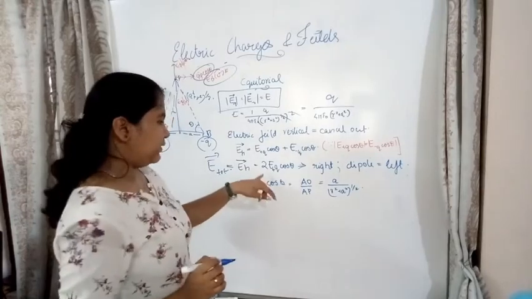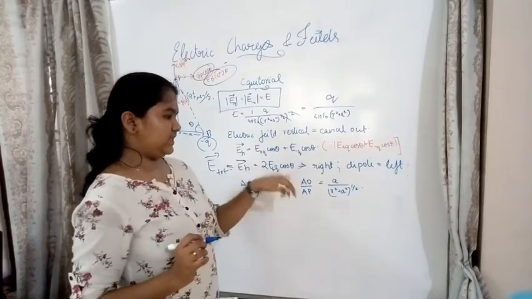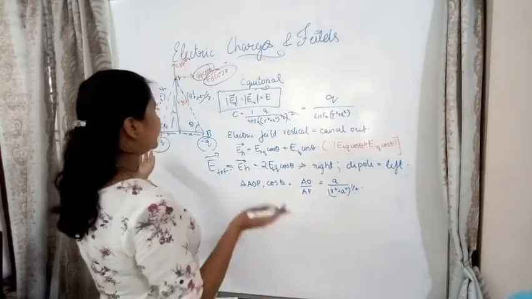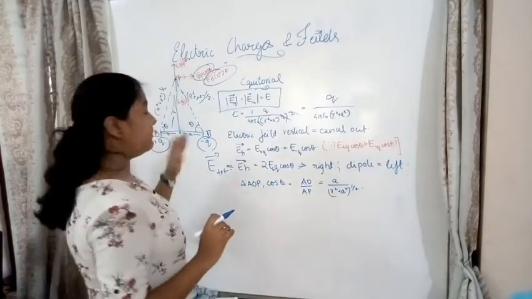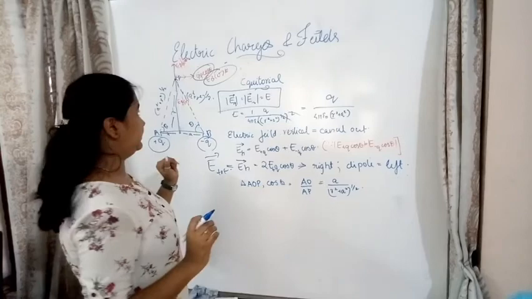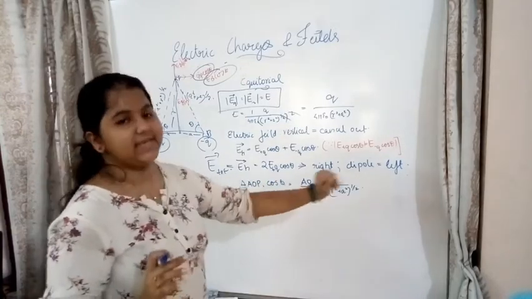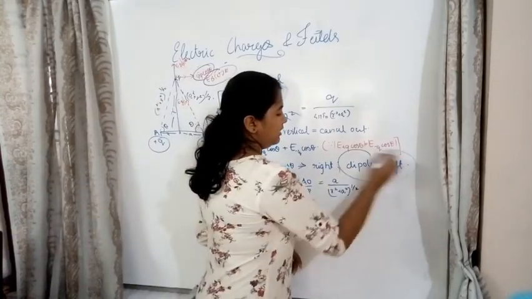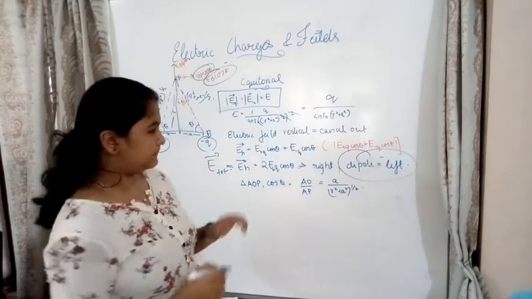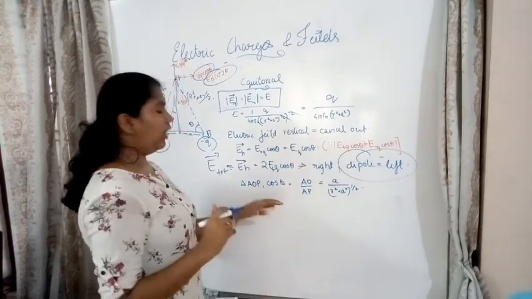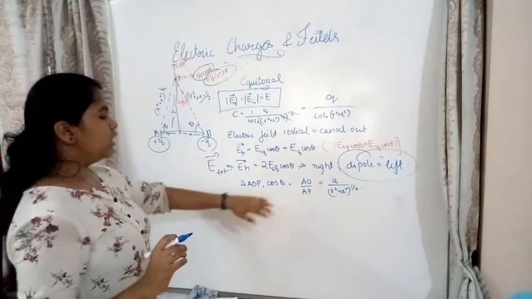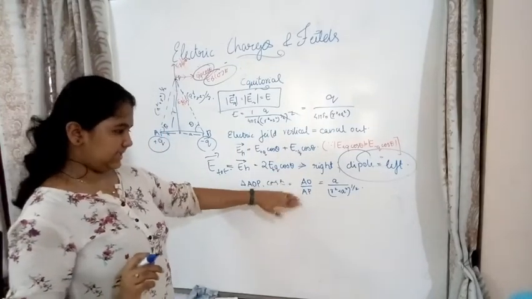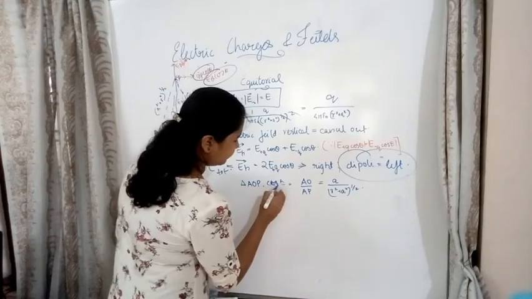So E total is equal to 2 E plus Q cos theta, towards the right direction. And the dipole is from negative to positive, that is, in the left direction. Now we will consider the triangle AOP. So cos theta of AOP is what?